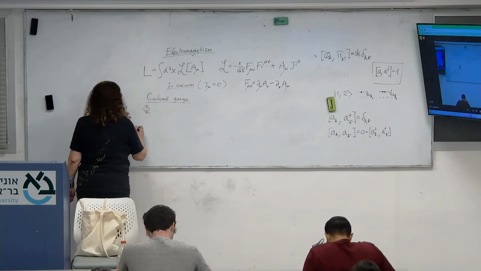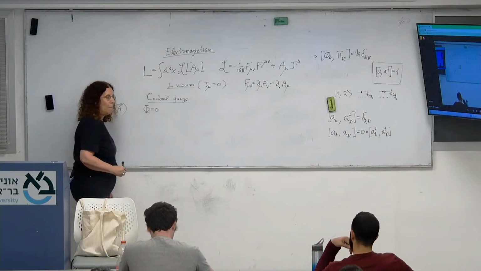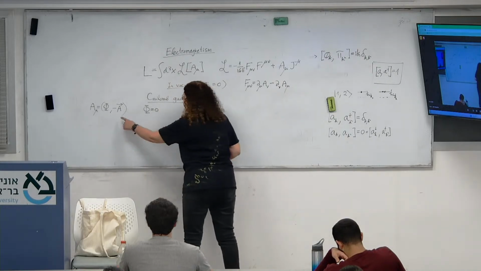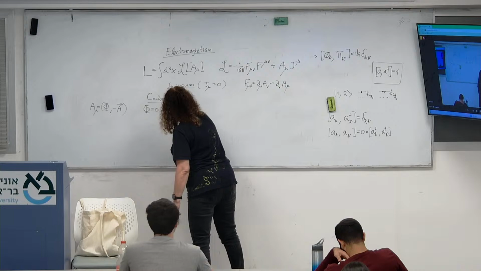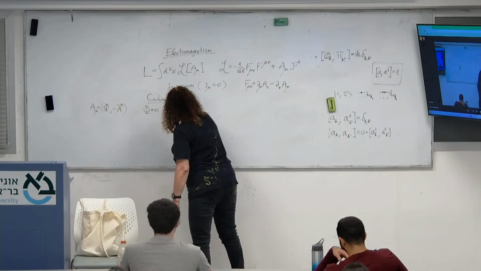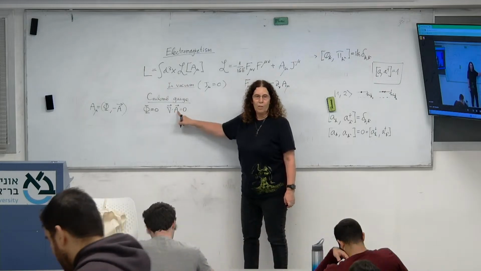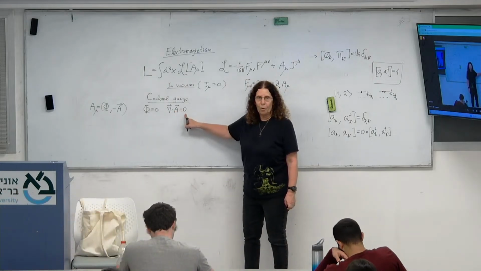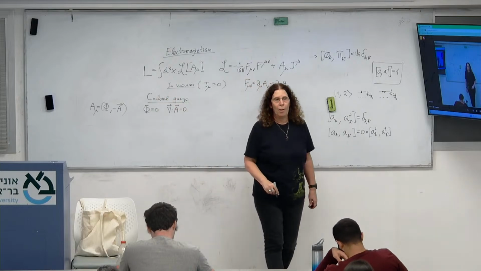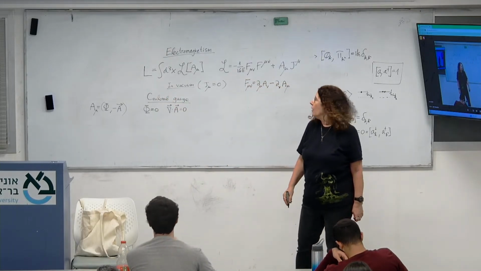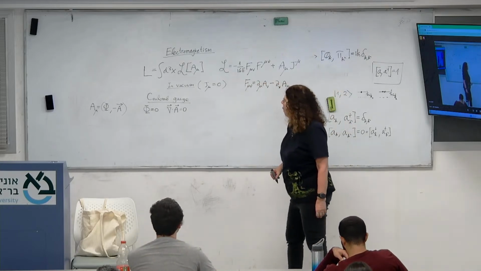And in the Coulomb gauge, I choose phi to be 0, and for the vector potential A, the divergence of A is 0. Okay? This is called the Coulomb gauge, and it simplifies the expression a lot.